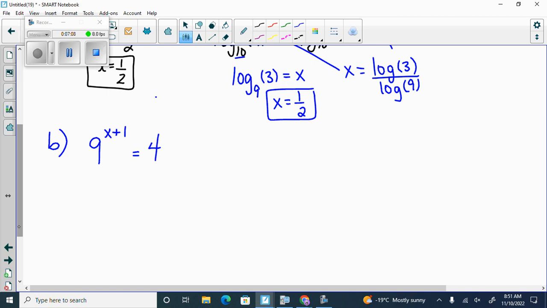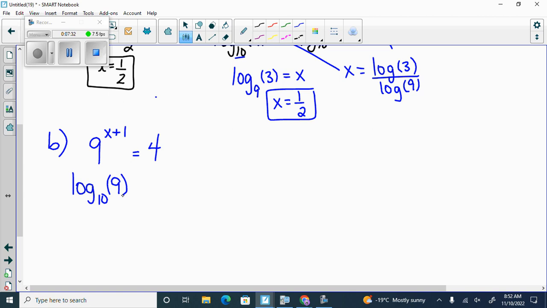Log base 10 both sides, right? So we're going to go log base 10. And I write the base because I'm not kidding you. You're like, I would never write that 9 in the base, but you will. You're like, no, I wouldn't. You will. I've done it in 16 years. I can tell you, you will drop that 9 down there. It's the saddest day. So I start off with log base 10 at the very least to get the 9 to be the same height as the log.